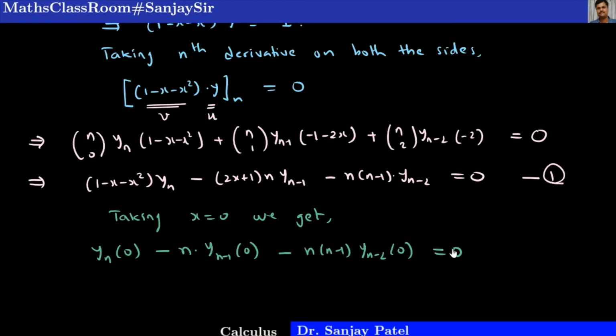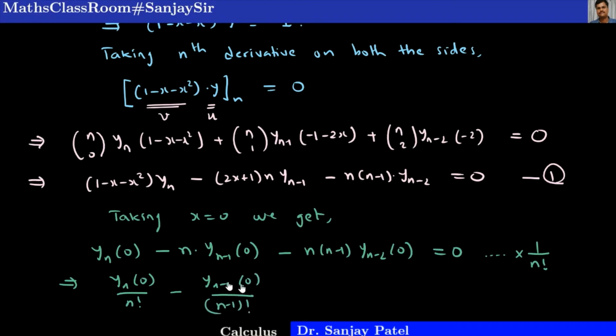Okay, as I want yn 0 upon n factorial, let us divide this whole equation by n factorial. So what we get here is yn 0 upon n factorial, then n upon n factorial is 1 upon n minus 1 factorial.